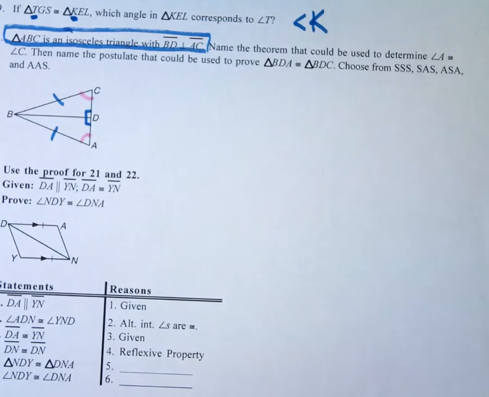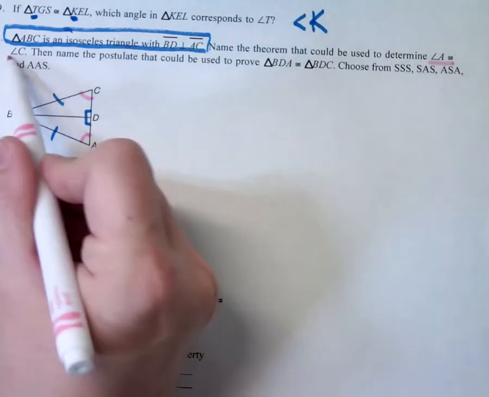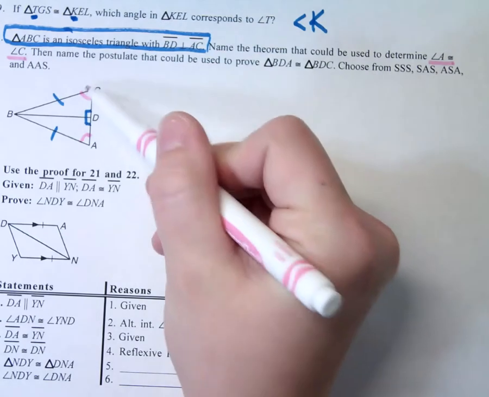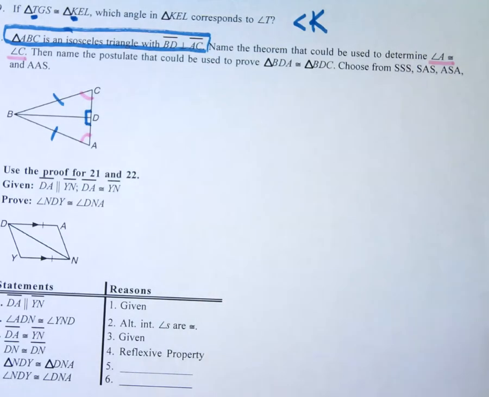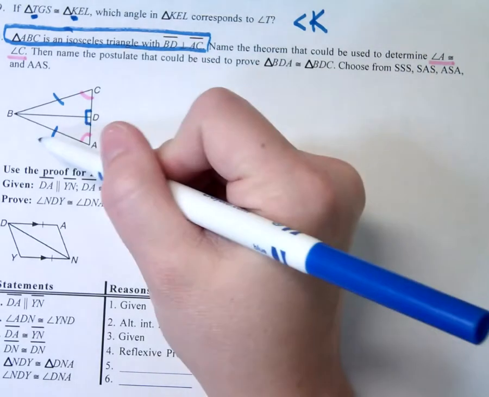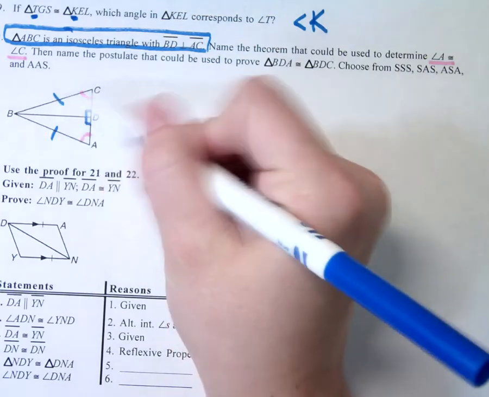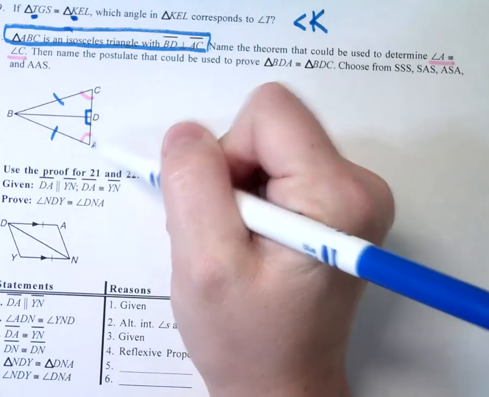Well, this was asking, name the theorem that could be used to determine that angle A is congruent to angle C. So the reason I know these two are congruent is because the angles across from the congruent sides of an isosceles triangle are congruent.